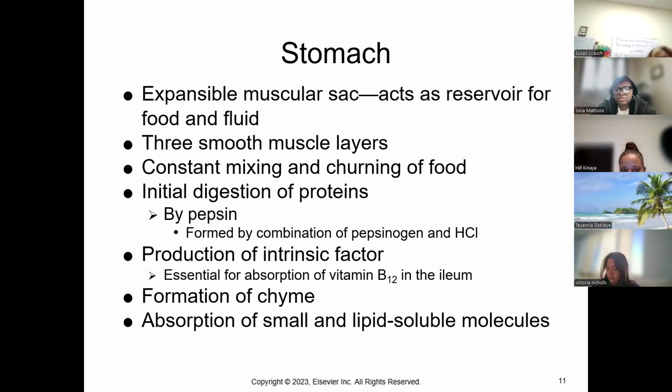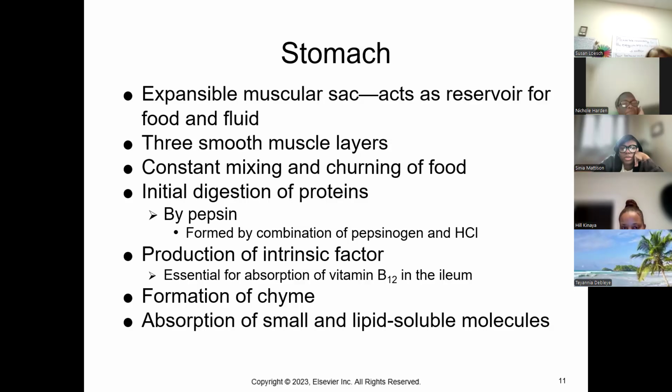Hydrochloric acid and intrinsic factor. And the chief cells are going to secrete pepsinogen, okay, which is going to turn into pepsin. So think about Pepsi, okay? And Pepsi is going to help do what? Break down the proteins, okay?